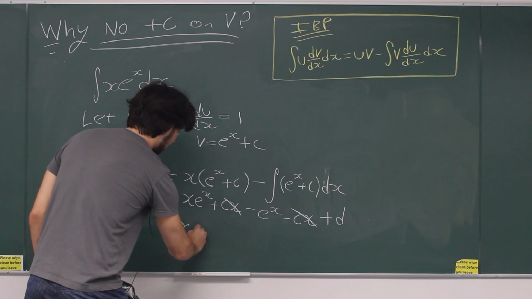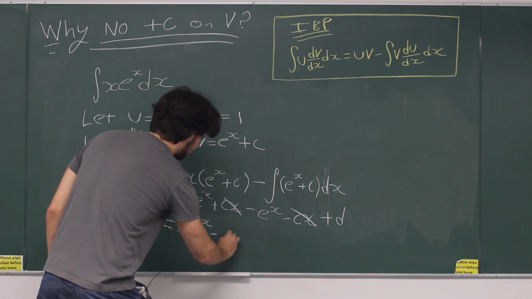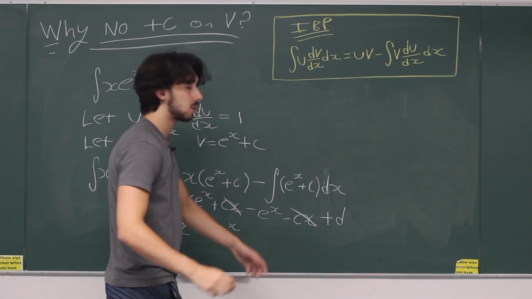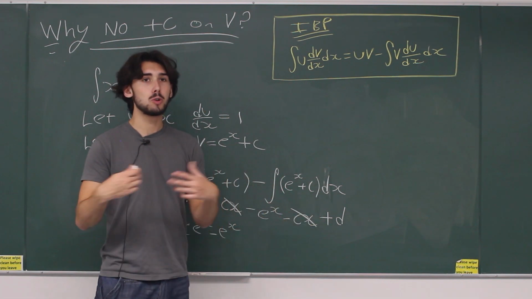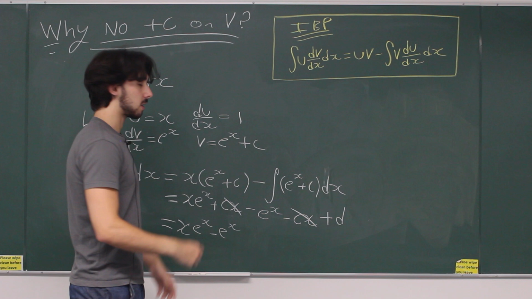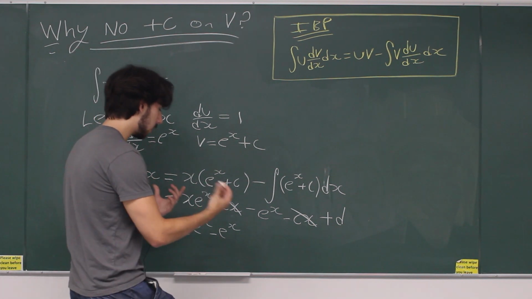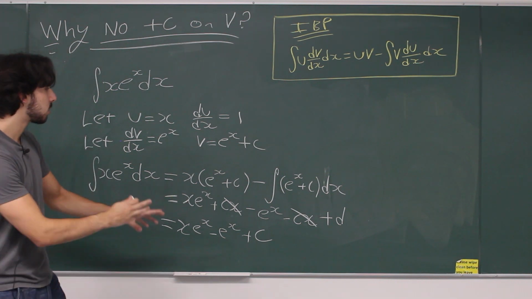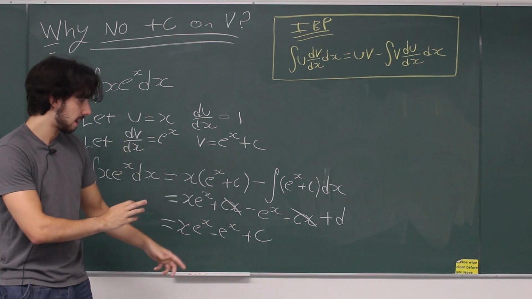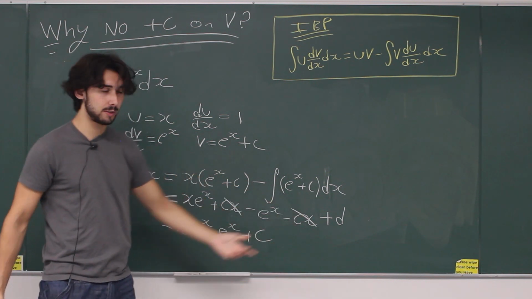We have x e to the x minus e to the x plus an arbitrary constant of integration that I've called d, that you could call whatever you want, and just because I want to make it crystal clear, I will call it plus c. But it's not the same c as up here, okay? But it gives you an arbitrary constant of integration.